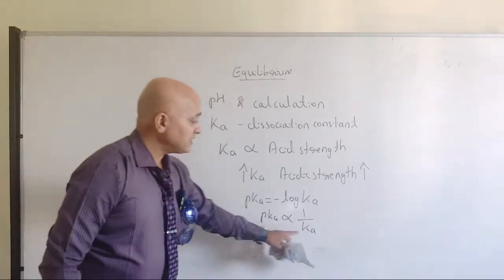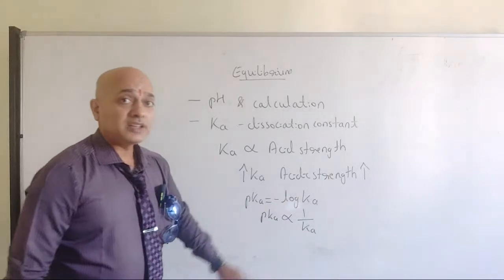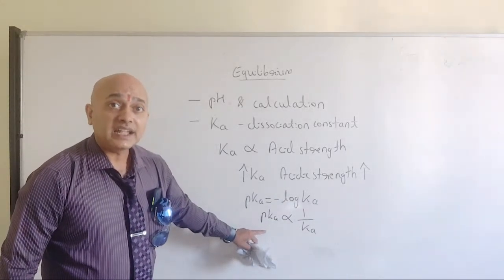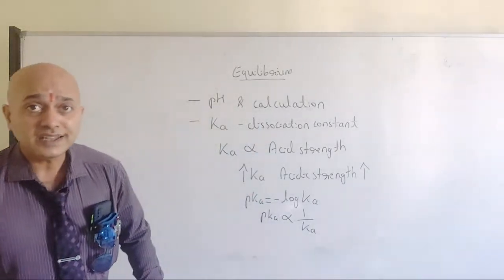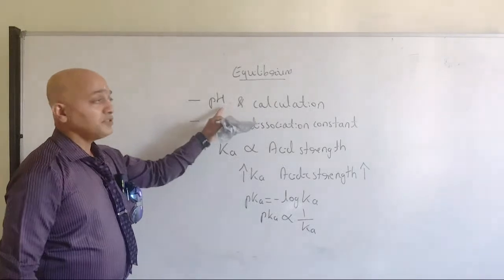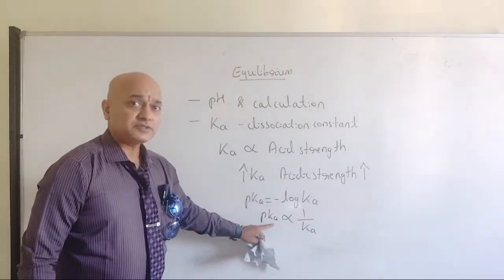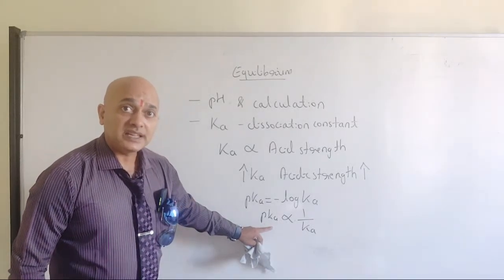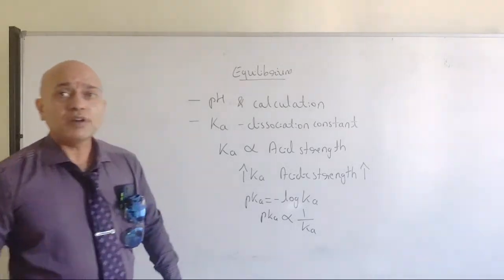Therefore, as the strongness of the acid increases, the pKa value should decrease, same as with pH. As the H plus concentration increases, the pH value decreases. The same logic is applicable here also. So as the strongness of the acid increases, the pKa value is going to decrease, and vice versa.